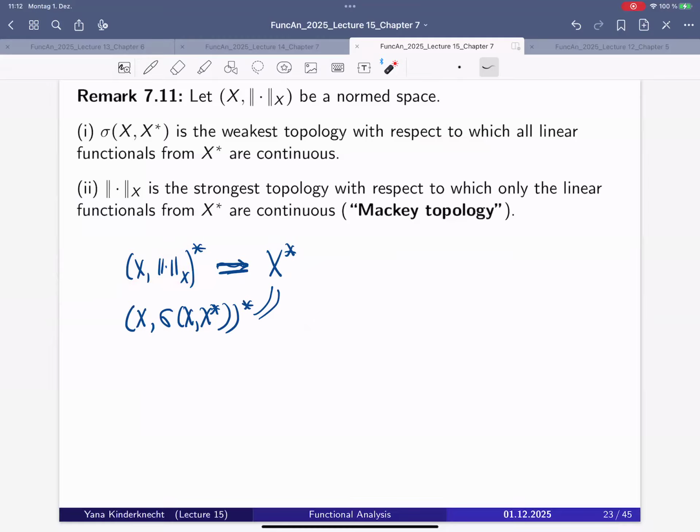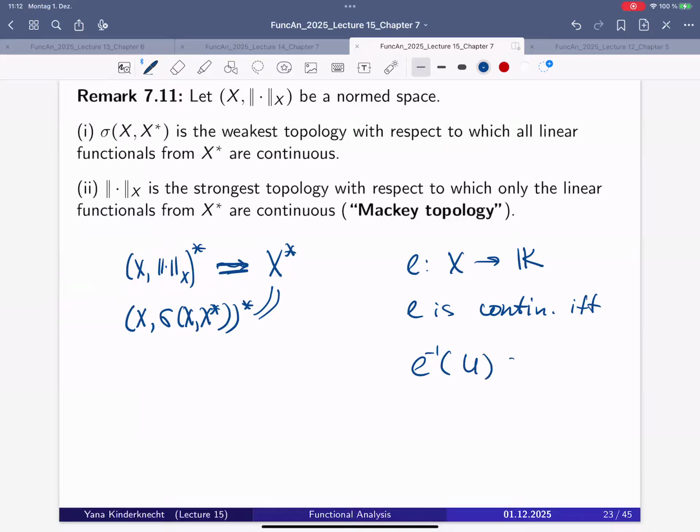functionals to be continuous. I recall that L maps X into K, and L is continuous if and only if the preimage of any open set U open in K is open.